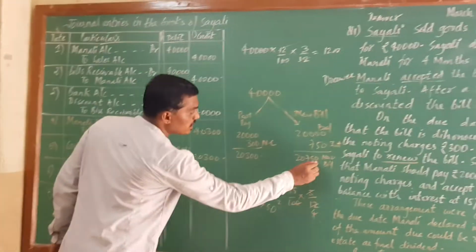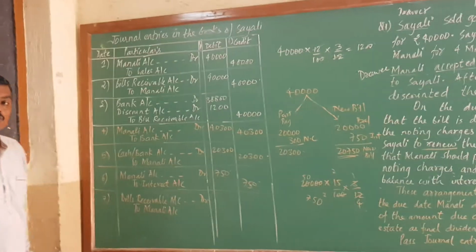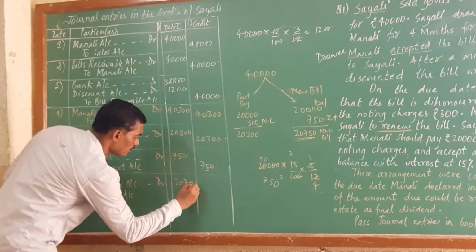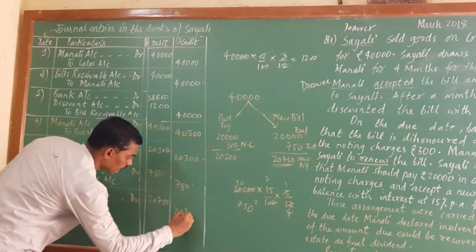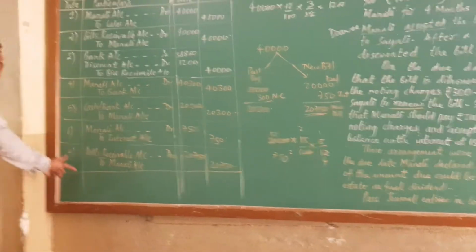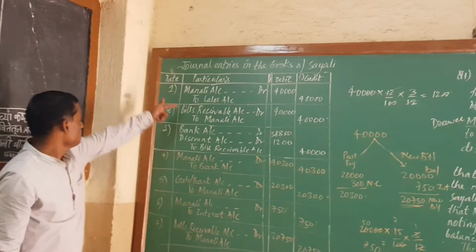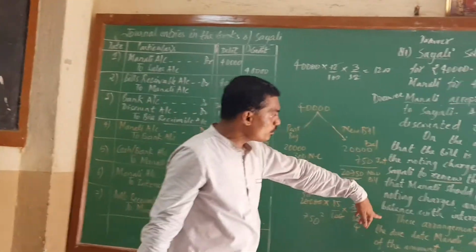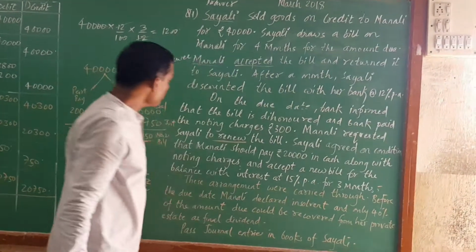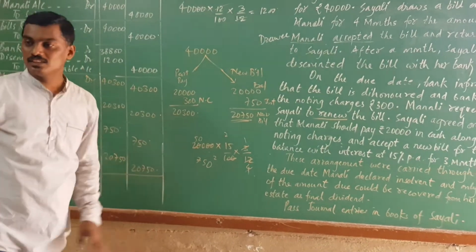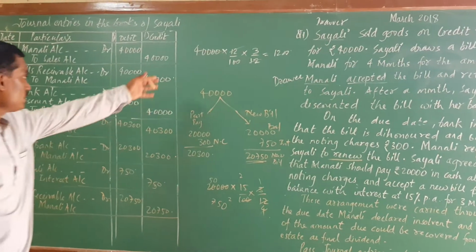The new bill amount is 20,750. So these are the 4 entries of renewal of the bill. In total it comes to 7 entries. We have solved up to here, and you can go through these calculations to understand them.